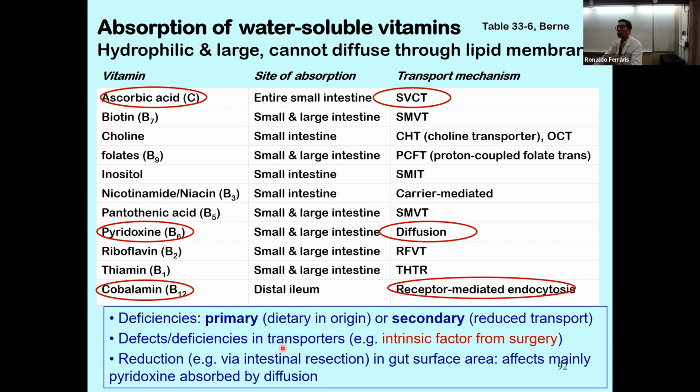Let's say, for example, you had bariatric surgery. People with bariatric surgery can become deficient in cobalamin or vitamin B12 because they no longer have intrinsic factor being produced by parietal cells. And remember, in our stomach lectures, the parietal cell secretes intrinsic factor, which is the only secretion in the stomach that's essential for life.